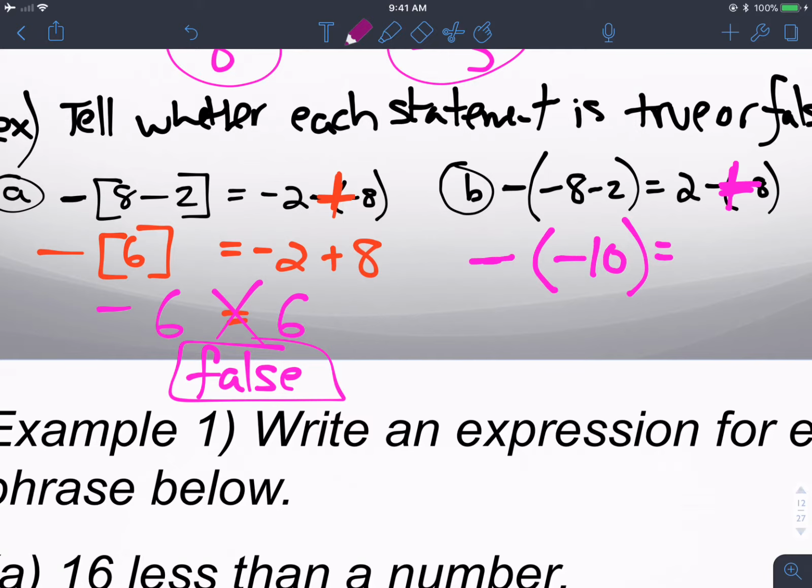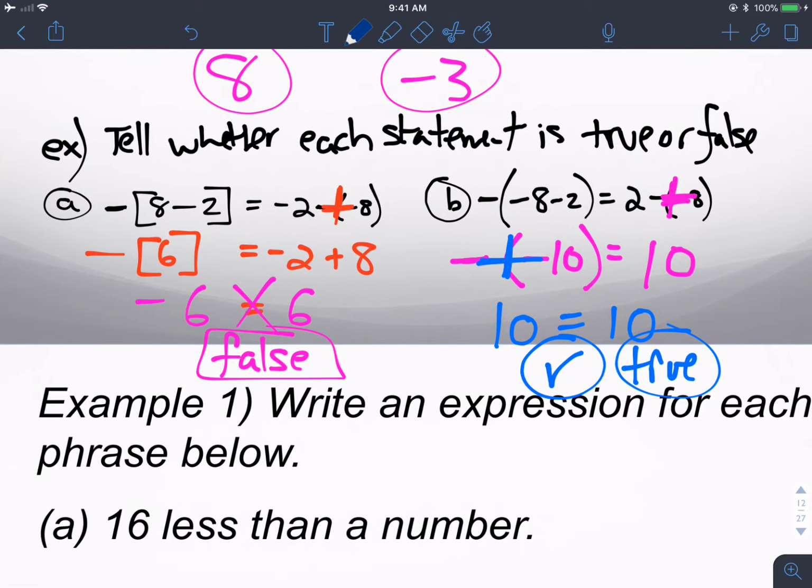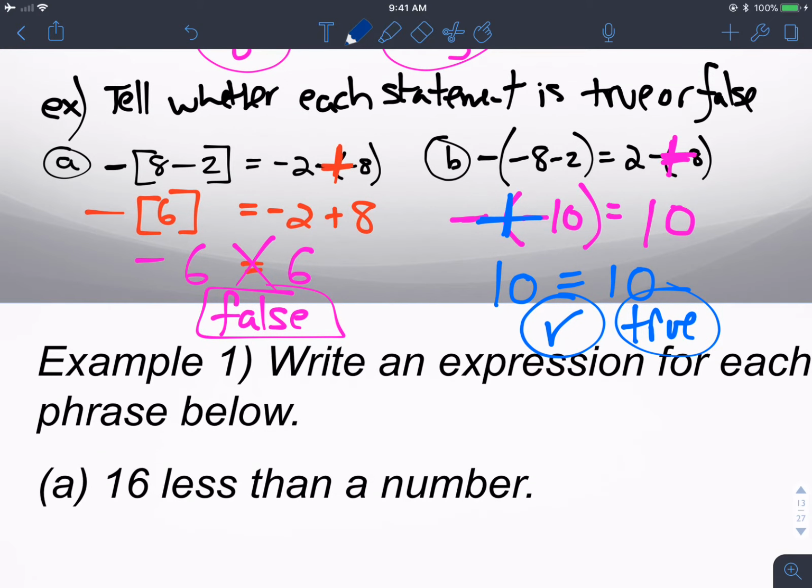So 2 plus 8 is positive 10. But now, I have a negative and a negative on the left side. These are now the same thing. 10 equals 10. True statement? Yes. So they have to equal each other in order to say true. I think I do recall one of those being on the test, yeah.